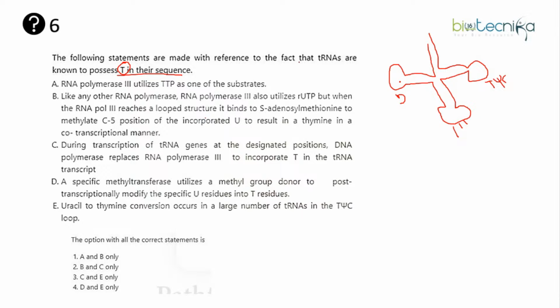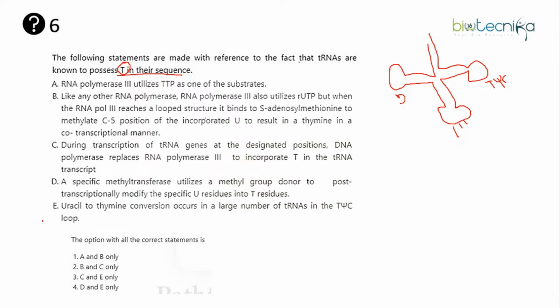Because a uridine has been converted into dihydrouridine, right? T psi loop, why? Because some of the uridines have been converted to pseudouridines, and a particular one has been converted to thymine. Okay?